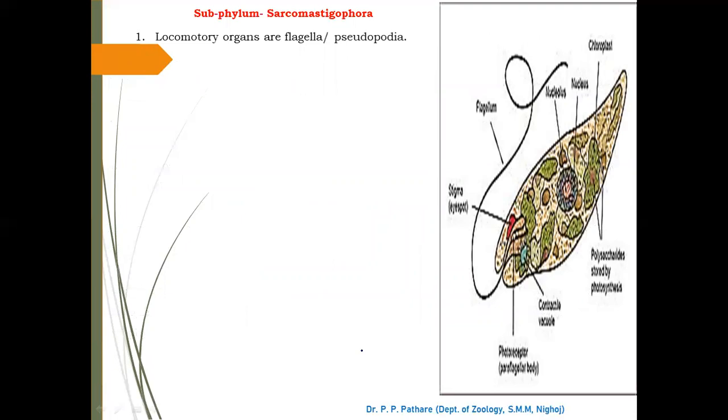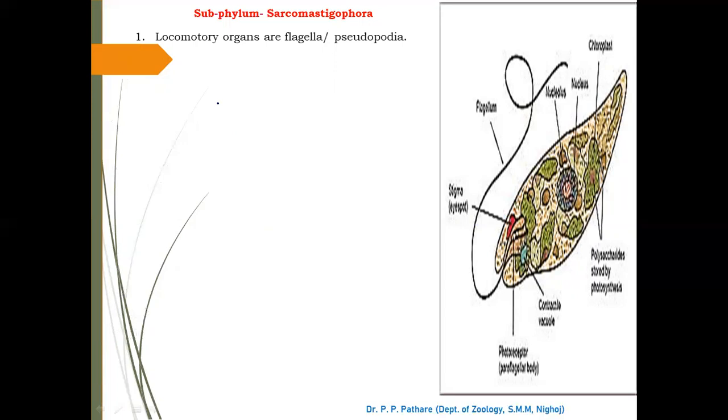First one, that is Subphylum Sarcomastigophora. This is the first subphylum of phylum Protozoa. In that first one, how to identify that this animal belongs to this group or this subphylum?